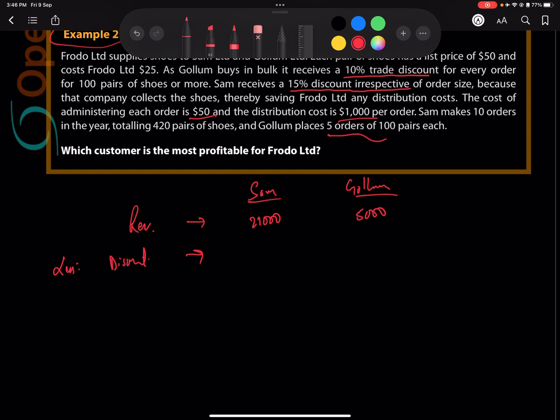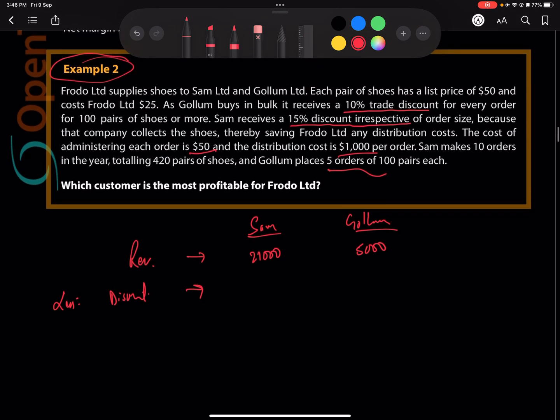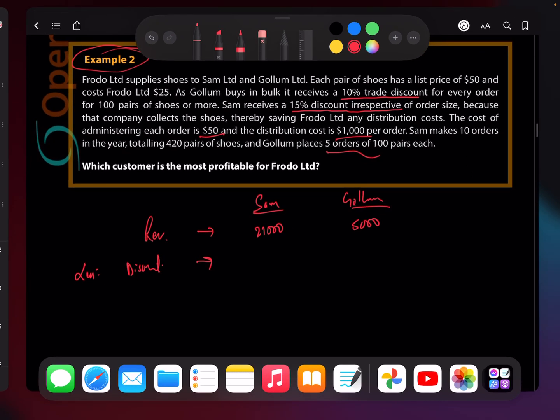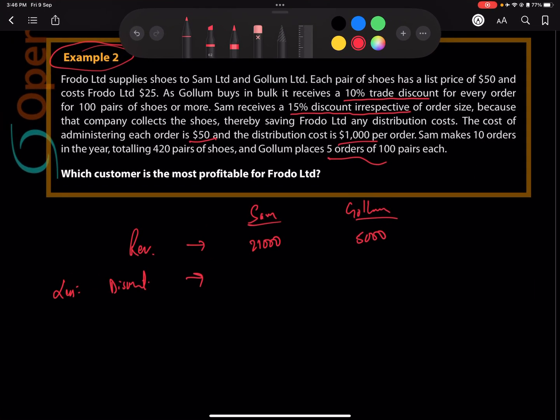He receives a trade discount, so we simply look at the discounts being offered to them.